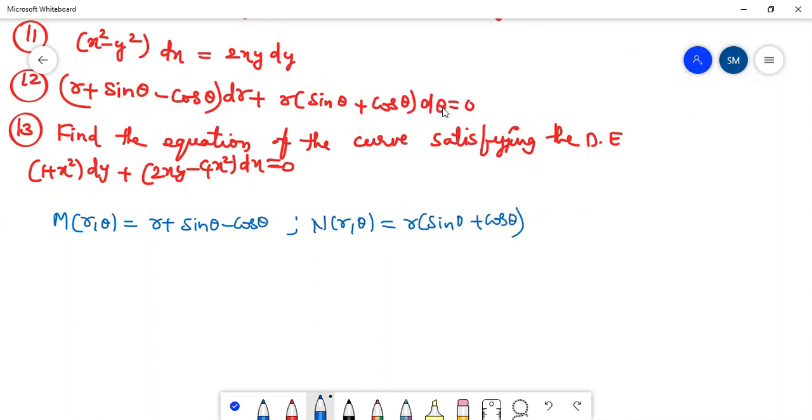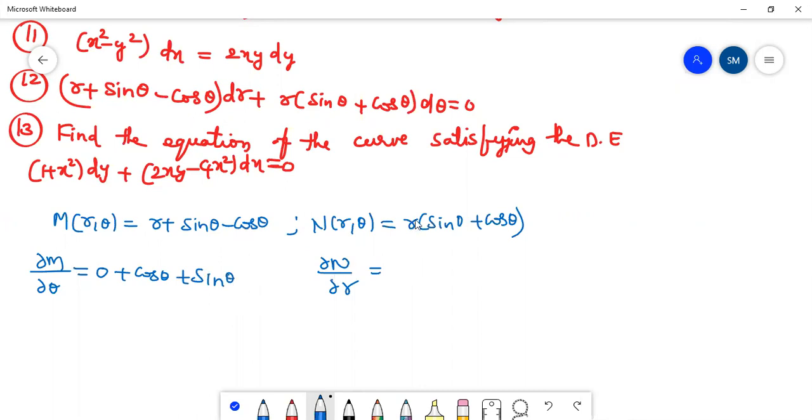Here, theta is the coefficient, so it can be differentiated with respect to r. Instead of x and y, it is r and theta. dou M by dou theta: r is a constant, so 0; sin theta differentiation is cos theta; cos theta differentiation is minus sin theta; minus into minus gives plus sin theta.